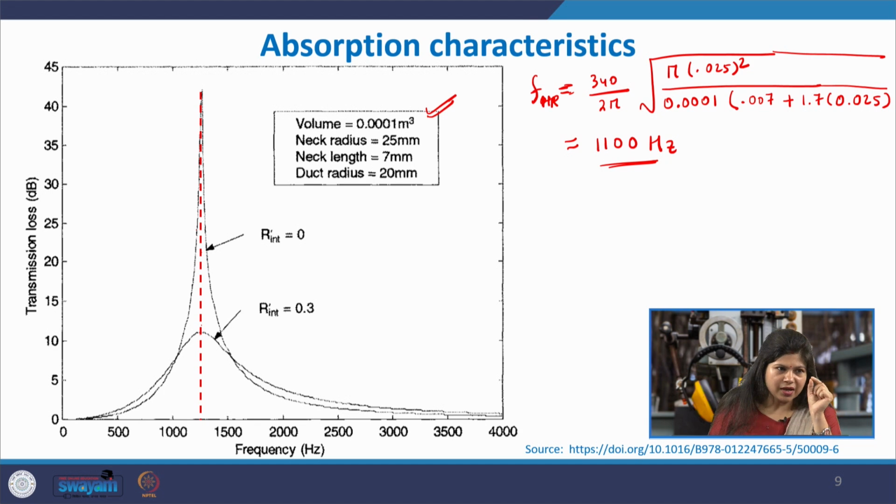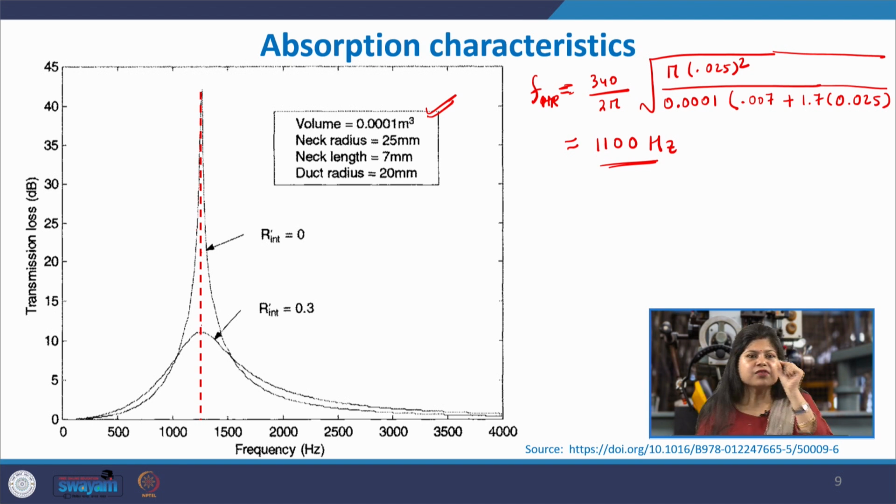So, when you have tonal noise sources, or noise sources corresponding primarily to a rotating component of a machinery, there the waveform will be peaking at certain specific frequencies and its integral multiples.